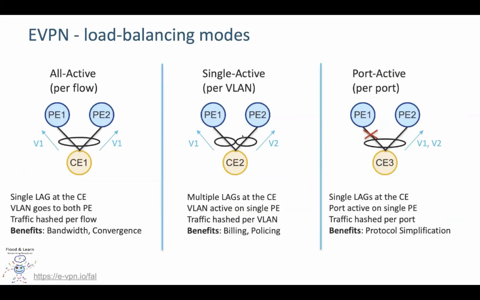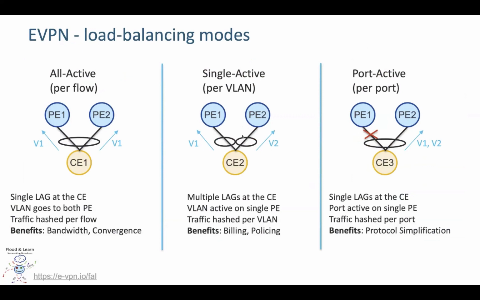Last time we were also showing the load balancing modes, right? Here, the most important one again is all-active. All-active is where you are cheating the CE. The CE has a bundle to PE1 and PE2, and the CE expects that there is a single device.